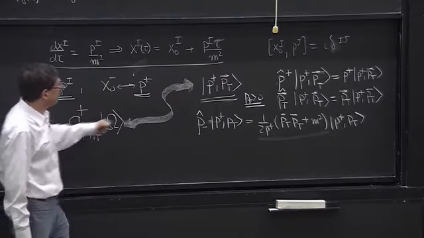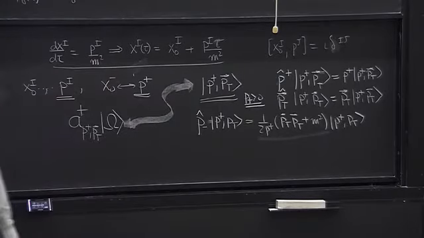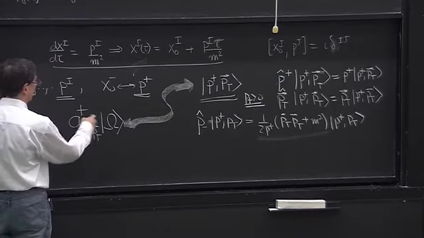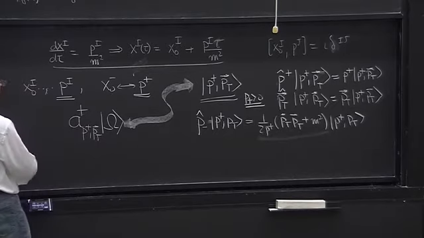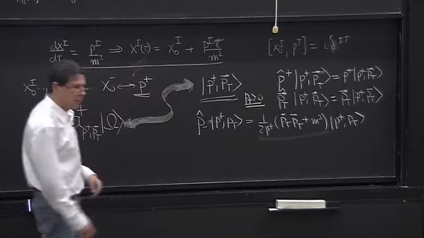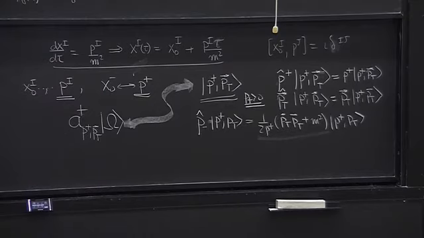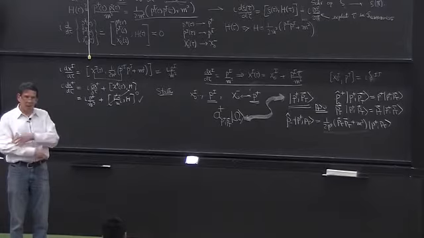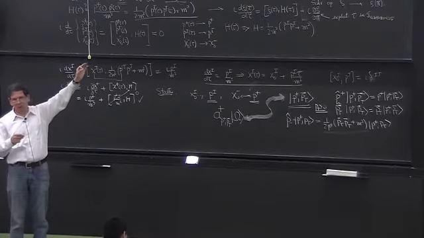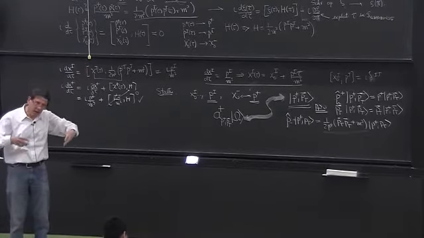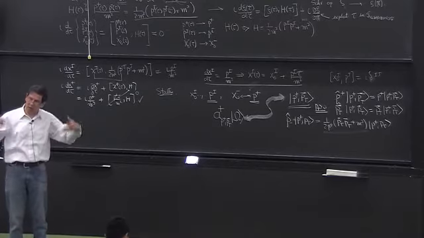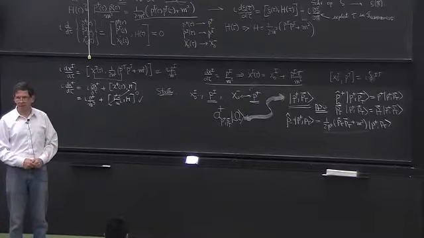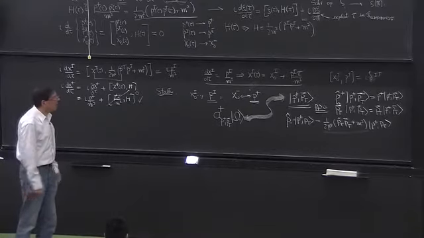For each state here, there's a state here. These states were particles with momentum P plus and P transverse and energy P minus, and these are the same thing. So what you've really done here is discover that the quantization of the relativistic point particle gives you particle states that are identical to the particle states of the scalar field theory. They're the same particle states.